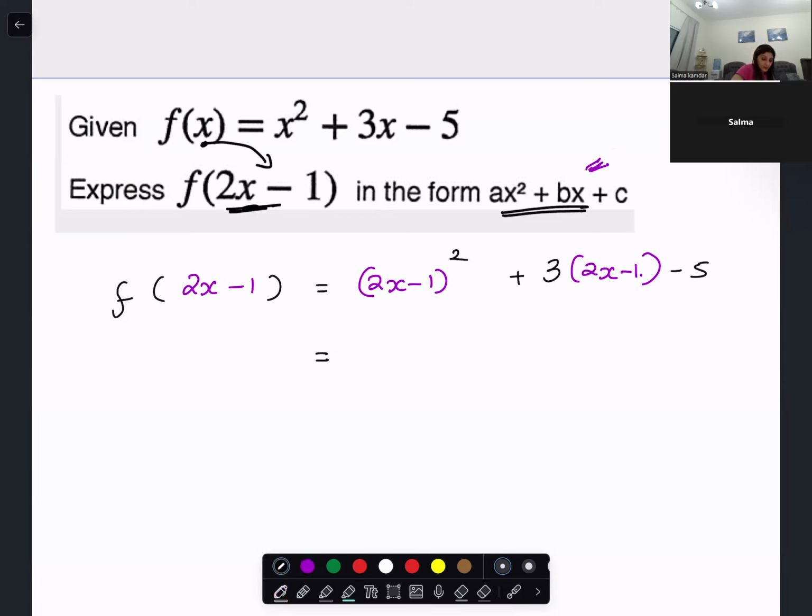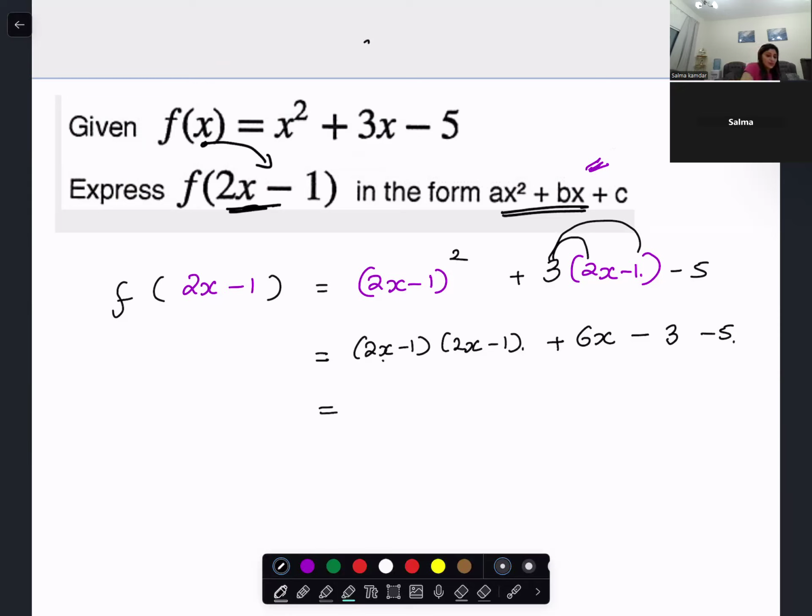2x minus 1 the whole square, that means 2x minus 1 two times. I can expand this bracket. So this is 6x minus 3 minus 5. Now over here, I have a minus b the whole square.